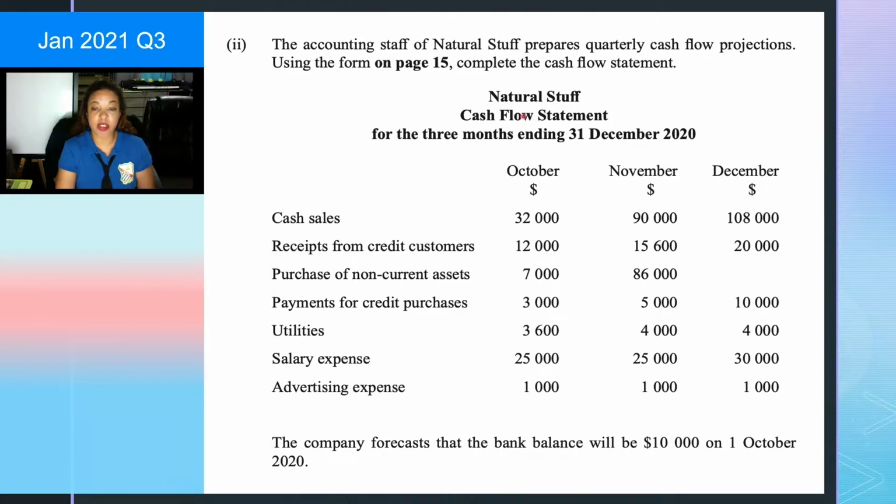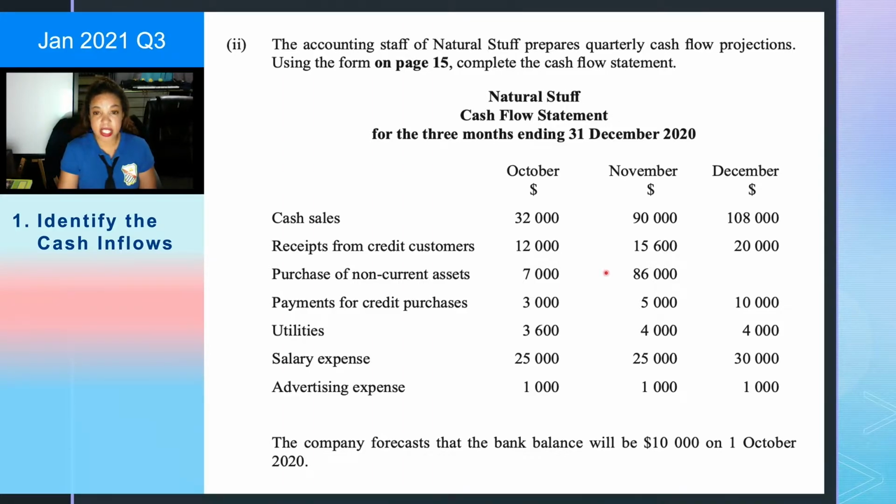Okay, so you have your 3 months, October, November, December, and here is your information that they give you. So remembering, we're going to go based on the 3 sections. And the first section was to identify your cash inflows or your receipts.